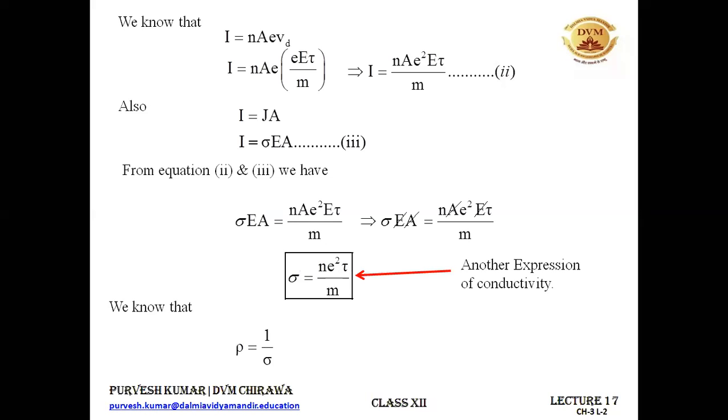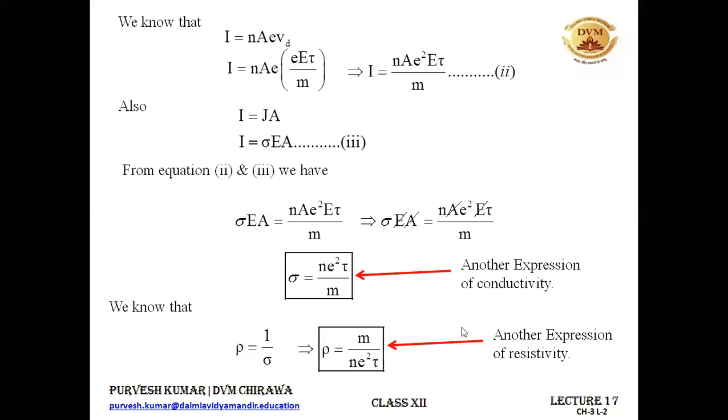We know that rho is equal to 1 by sigma. When you take the reciprocal of this, you will be getting the value for resistivity rho. So this is one another alternate expression for resistivity, that rho is equal to M divided by N e squared tau. Again, we can see that resistivity has nothing to do with the length and the area of cross section.